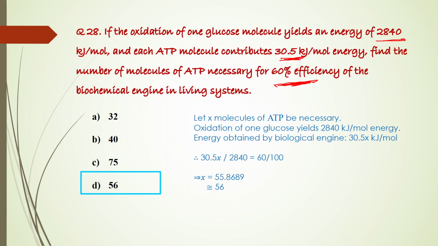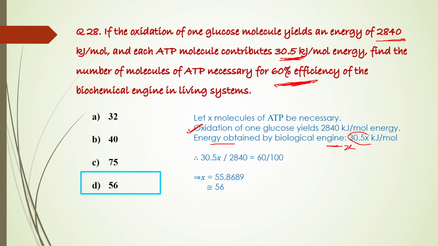So let us look at that. How to solve it? You already know that oxidation of glucose gives 2840. You don't know how many ATP molecules you require. Suppose we require X molecules.